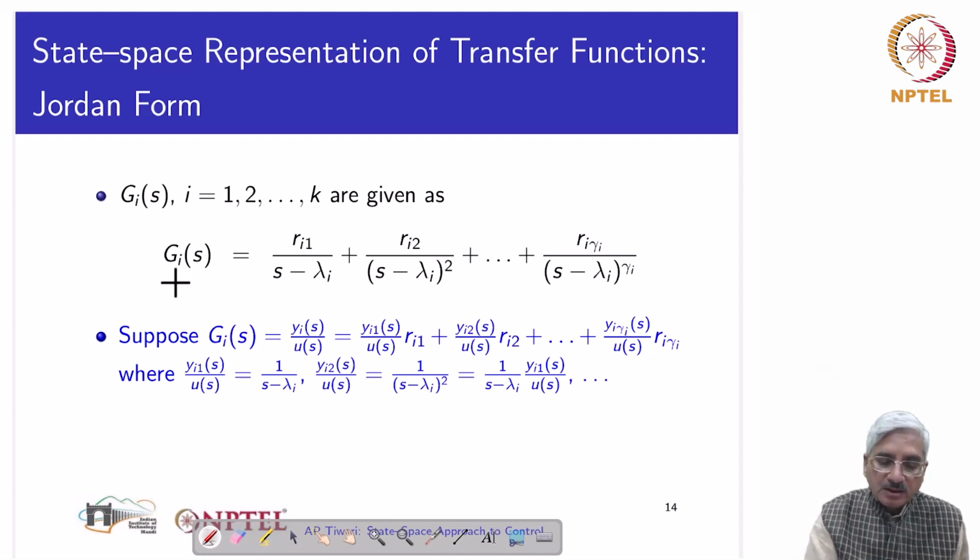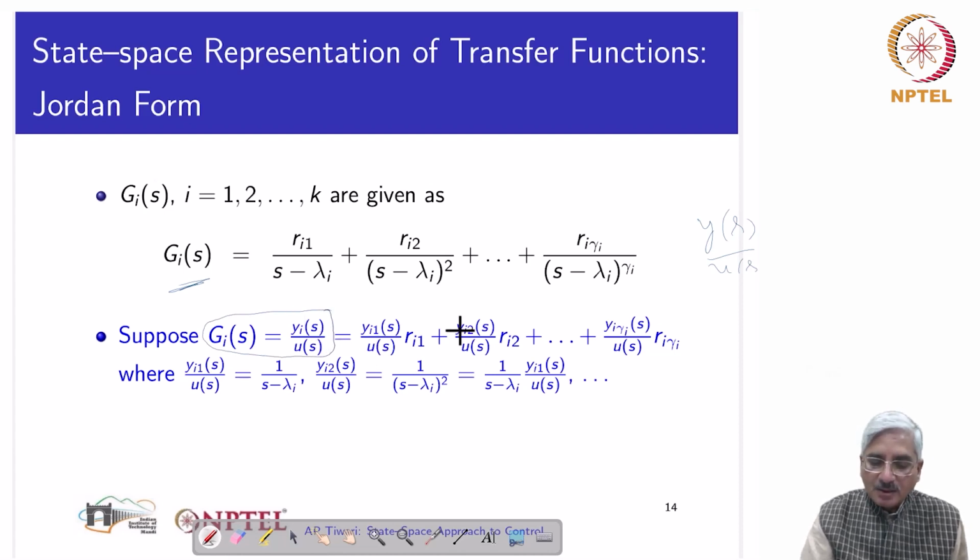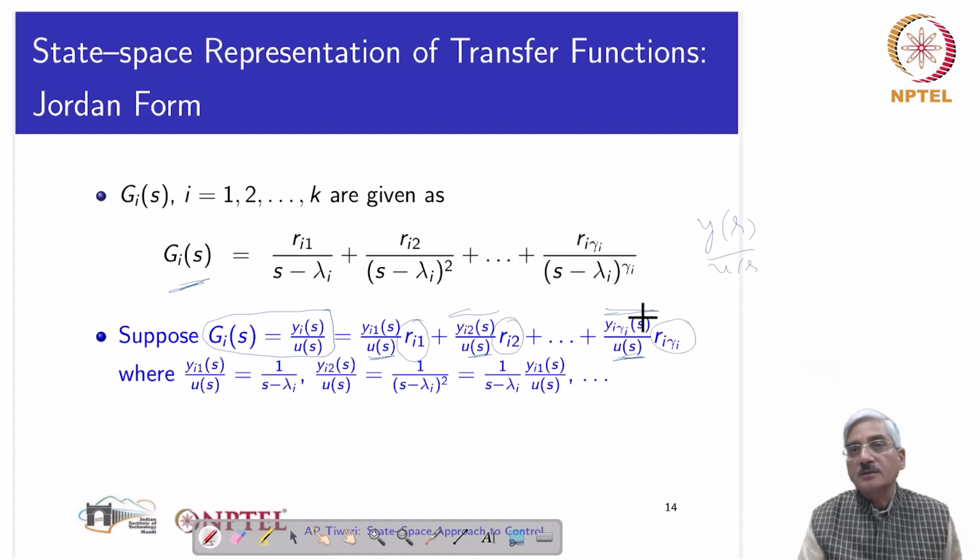So we continue considering Gi(s), which is Yi(s) by U(s). Yi is broken as Yi1, Yi2, Yi3, etc., Yi gamma i, each divided by U(s), multiplying through Ri1, Ri2, etc., Ri gamma i.